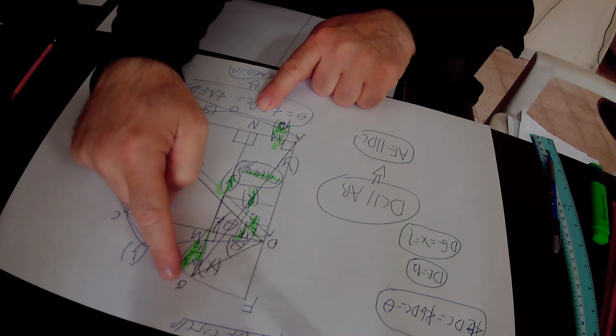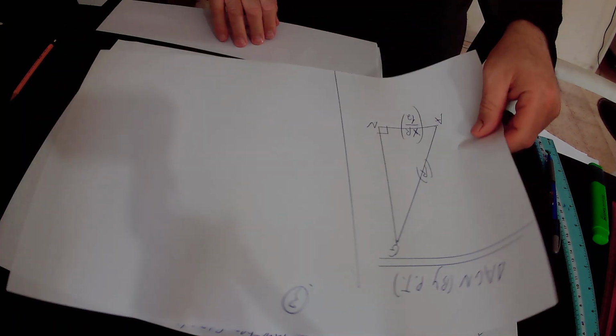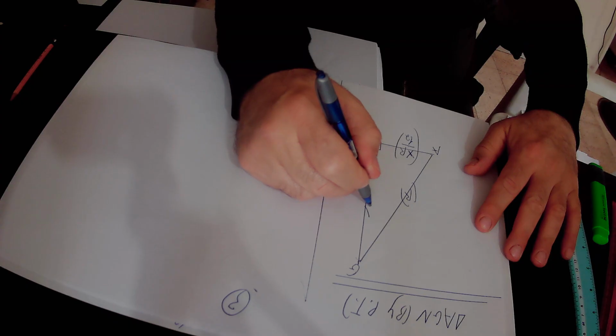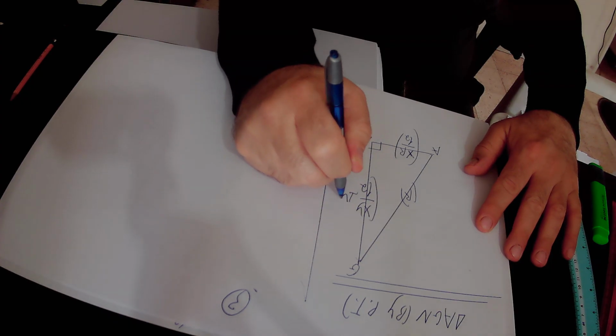So GN equals GM, that is XY over 12, plus MN, that is Y. So in total, GN equals XY over 12 plus Y. This is side GN, that is equal to XY over 12 plus Y.